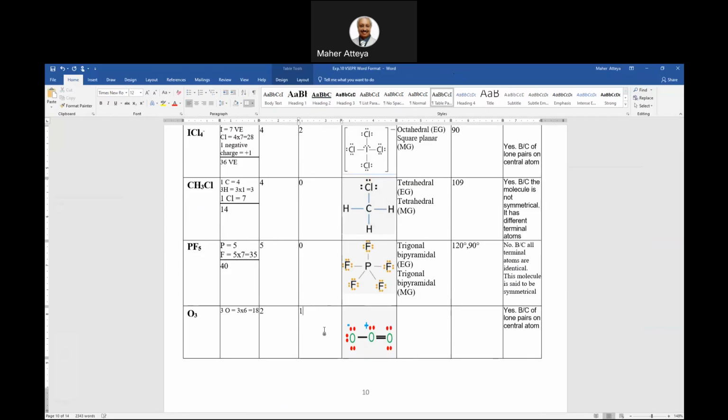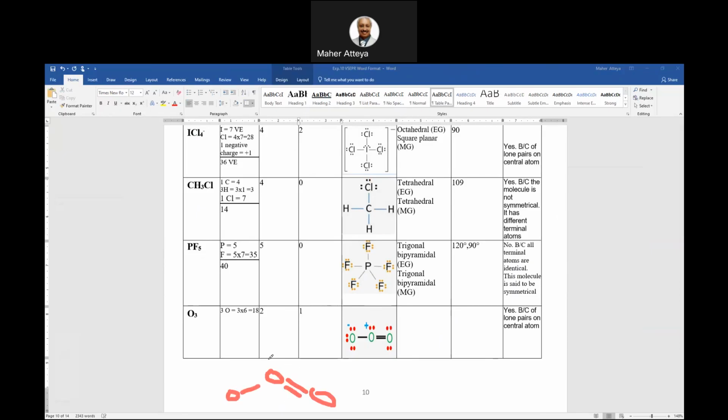So now, what is the electron geometry and what is the molecular geometry? Are they identical? No, because of the presence of the lone pair on the central atom, the electron geometry will be different from the molecular. So if I have something looking like this, guys, the same thing we did. This is oxygen, this is oxygen, this is oxygen. Don't worry about the double bond. This is a double bond, for example.